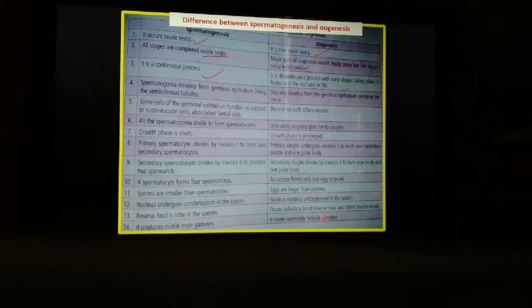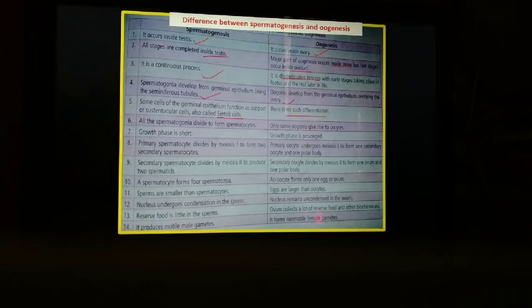Spermatogenesis is a continuous process, whereas oogenesis is a discontinuous process. Spermatogenesis develops from the germinal epithelium lining the seminiferous tubules, whereas oogenesis develops from the germinal epithelium overlying the ovary. Again, in the testes one differentiation of germinal epithelium is found, that is, Sertoli cells, but such differentiation is not found in oogenesis.